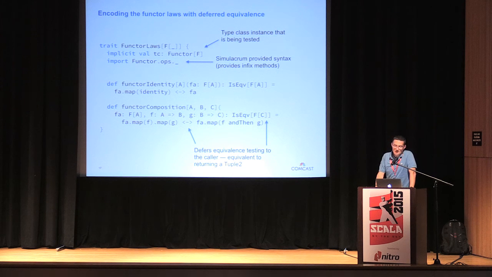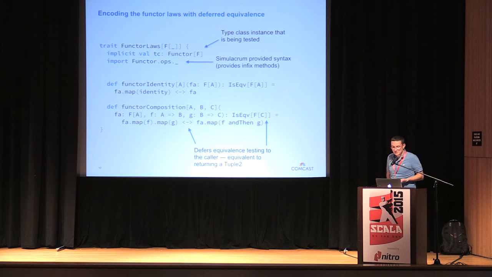It'll have an implicit type class instance. So whatever our type class under test is, we'll define as an implicit val. And then we're going to use this piece of Simulacrum-generated magic, we'll say import functor.ops._, and that's going to let us call any of the methods on our type class in an infix style. So because of that, let's look at the functor identity law.